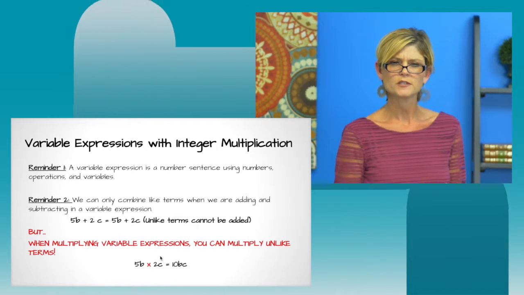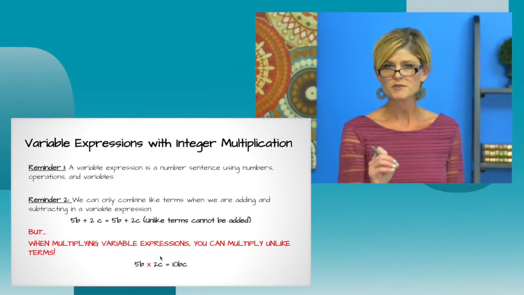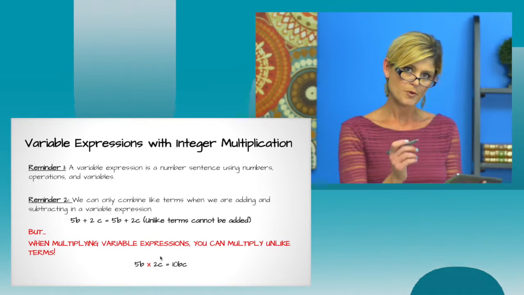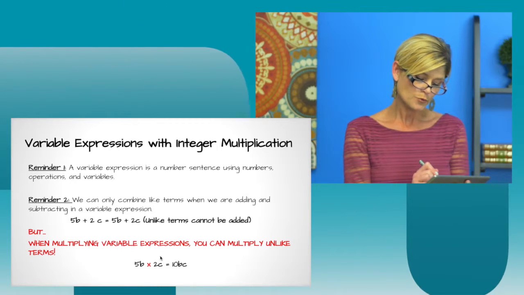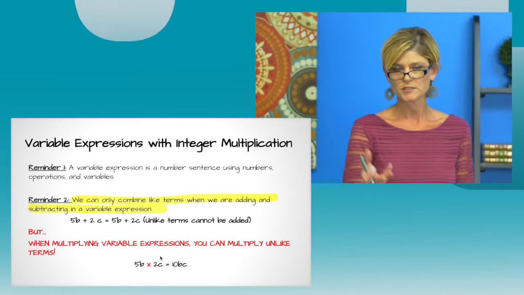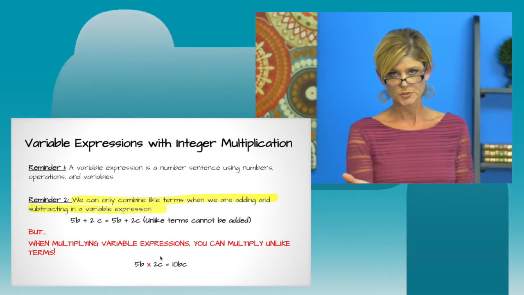The other thing I just quickly wanted to mention is that sometimes when you're multiplying integers, there's going to be variables involved. Now, if you need to, go ahead and pause this screen and read these notes, because it is important to remember the rules for terms are different with addition and subtraction of integers versus multiplication.